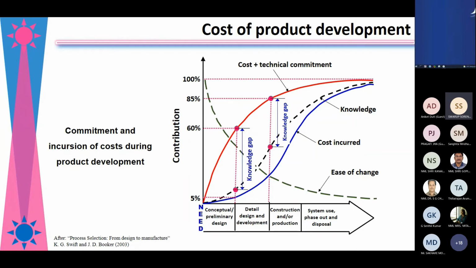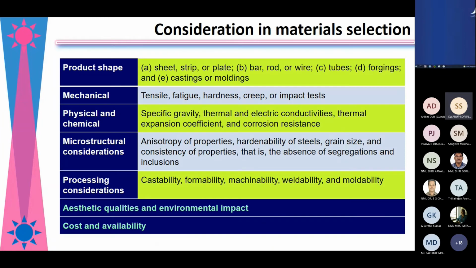For all material selection processes, we need to consider the following. That is the product shape, what shape we want to make, what the mechanical properties of the component or product should be, and the physical and chemical properties like specific gravity, thermal expansion coefficient, corrosion resistance, and all those things.